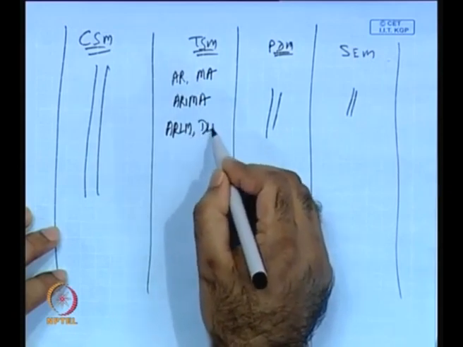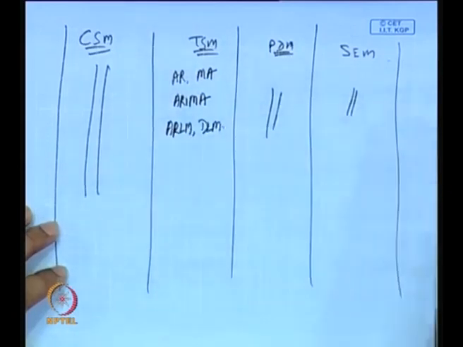Then distributive lag models, which have many forms, like polynomial distributive lag models, infinite distributive lag models, and autoregressive distributive lag models. There are many ways you can discuss these issues of time series modeling.